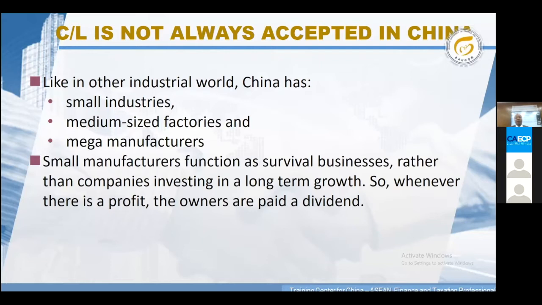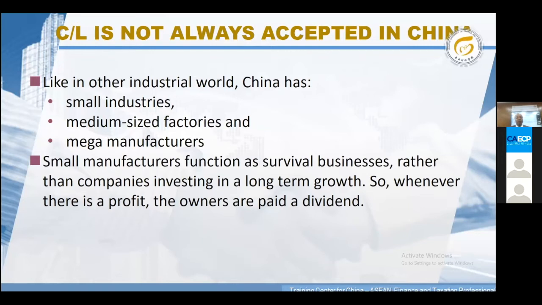The small manufacturers function as survival businesses in the world. It's also the same in China. They are not companies investing in long-term growth. They are more like, okay, how am I going to pay our employees today and tomorrow and keep running, if you are talking about small industries.